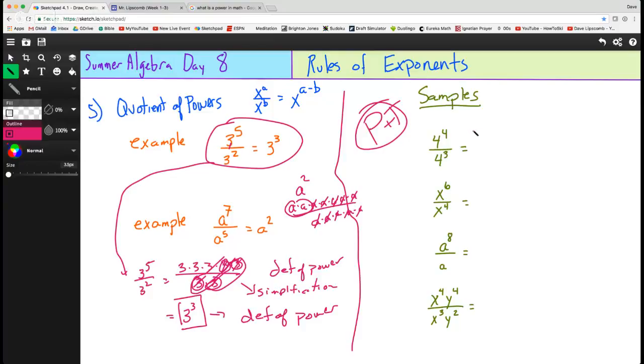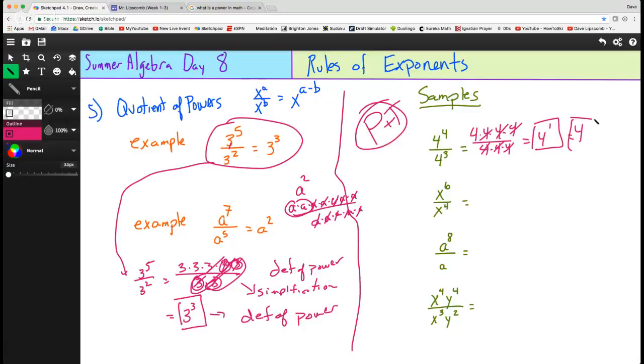Well, here we have, I'm going to do this one by expansion, but you can do it by rule if you want. So we have 4 to the first, which is the same thing as 4. It's by subtraction. 4 to the fourth divided by 4 cubed is 4 to the 1, which is equal to 4.